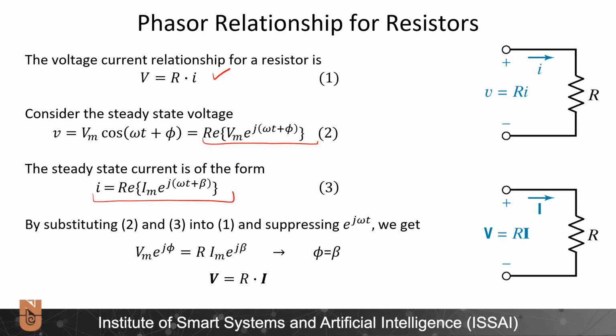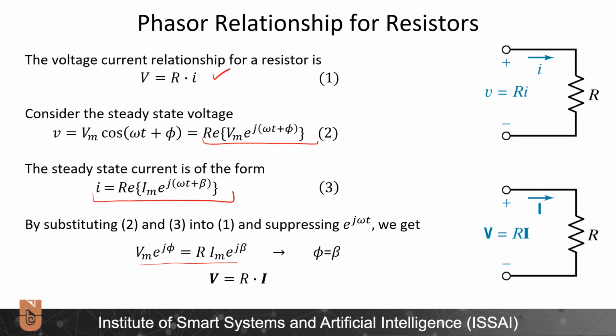If I take 2 and 3 and plug into equation 1 in the phasor notation, basically by suppressing the e to the j omega t terms, I end up with Vm times e to the j phi is equal to R times Im times e to the j beta.